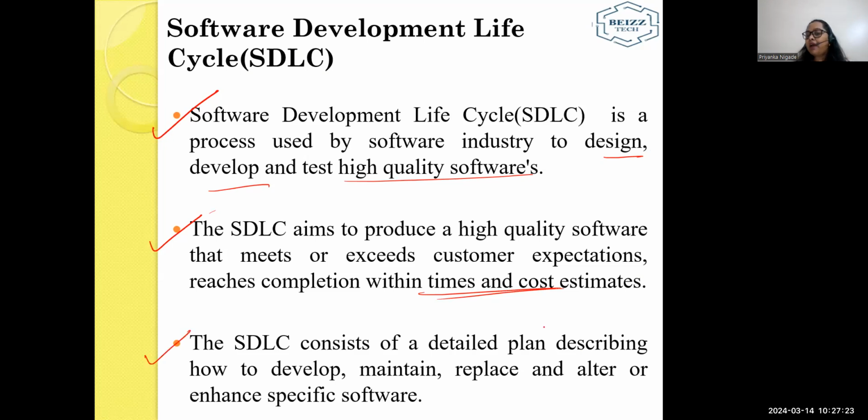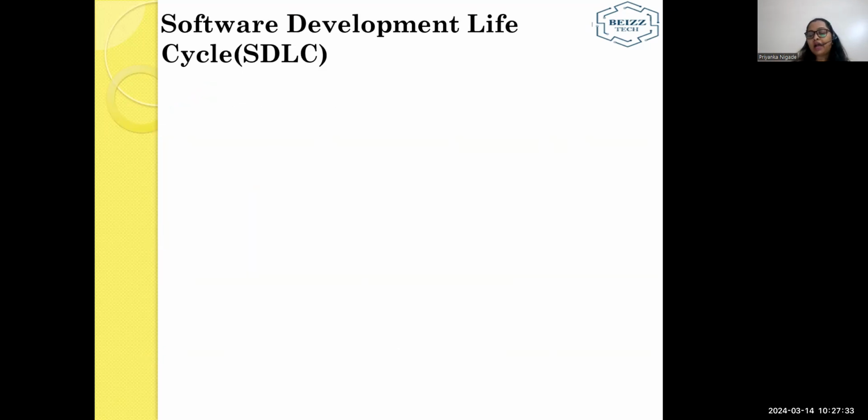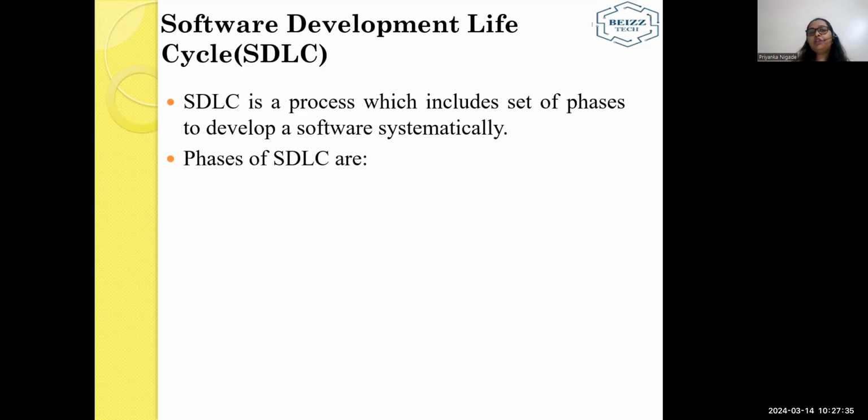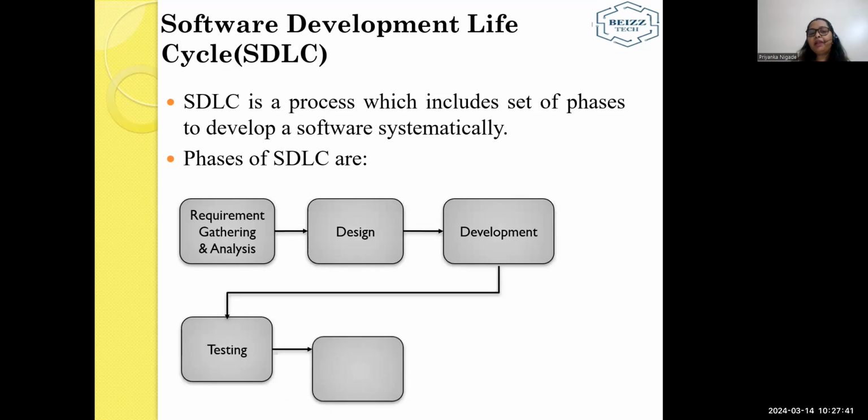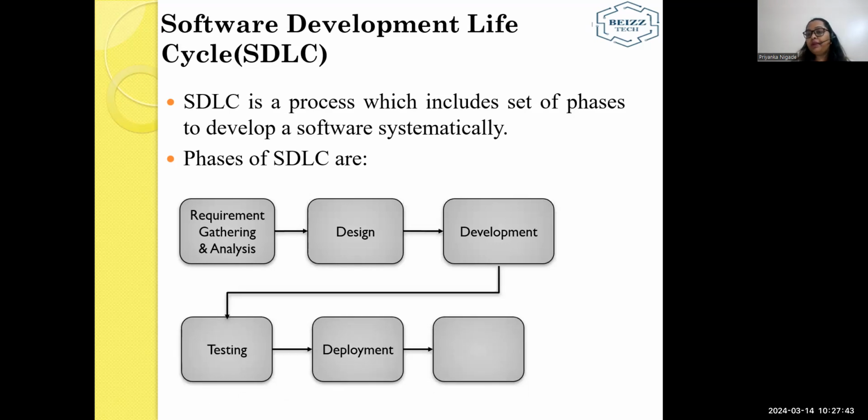SDLC includes a detailed plan describing how to develop, maintain, replace, alter, or enhance specific software. So planning is important in every phase. But the process starts with these particular phases. It includes different phases like first is requirement gathering analysis, design, development, testing, deployment, and the last one is maintenance.